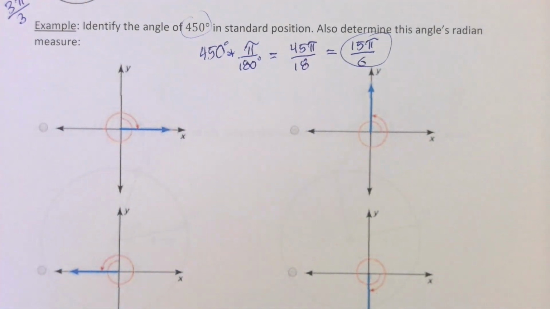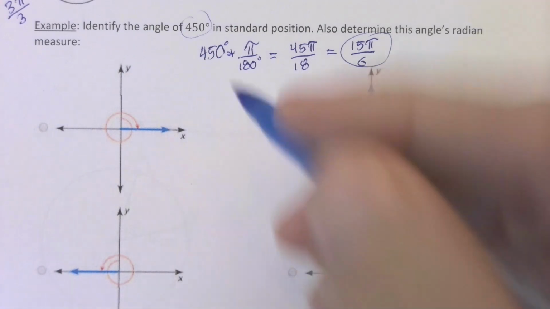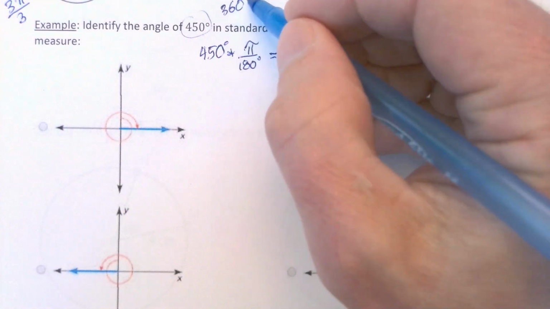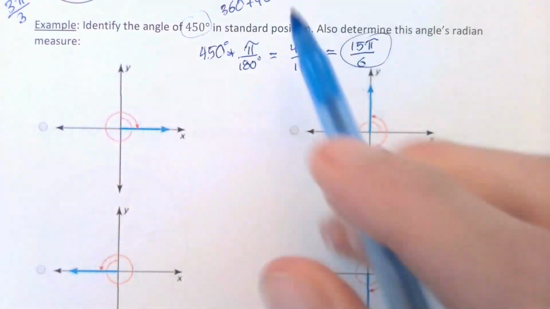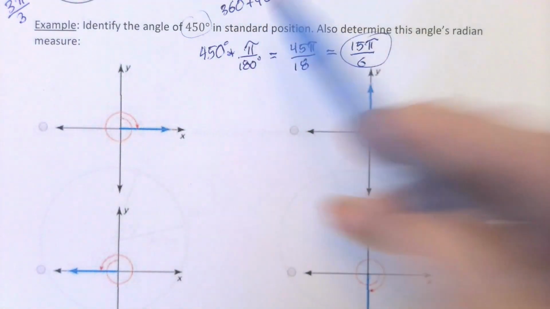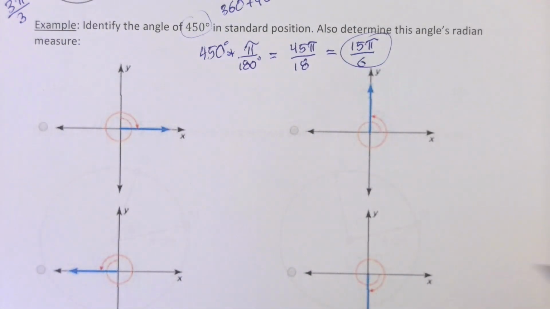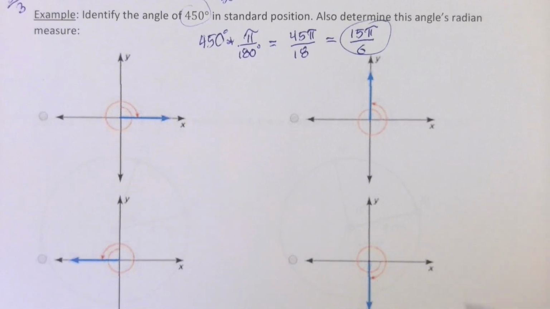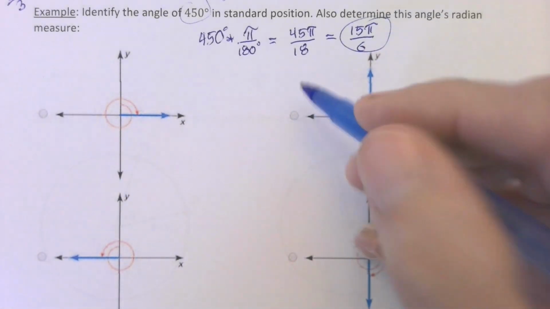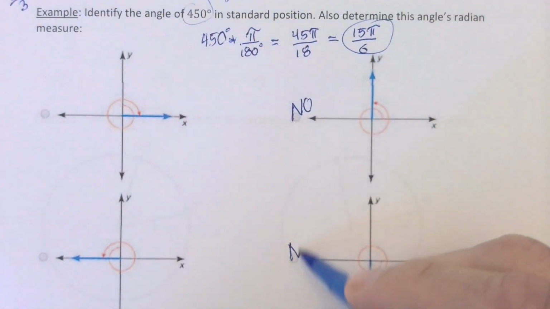As far as which one of these is that angle in standard position, okay, 450 is 360 plus 90. So that's all the way around the circle once plus another 90 degrees. I'm pretty sure all of these indicate 450 degree angles. But these two are not in standard position.